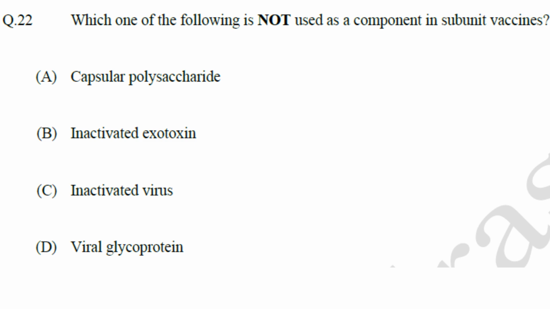Capsular polysaccharide is used. Inactivated exotoxin can be used. Inactivated virus cannot be used as a component in subunit vaccine because inactivated virus is a whole virus, not a component, not a subunit of the viral particle. It is the whole virus that has been killed or inactivated. So C cannot be used.